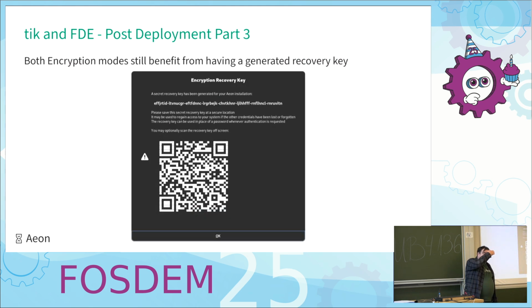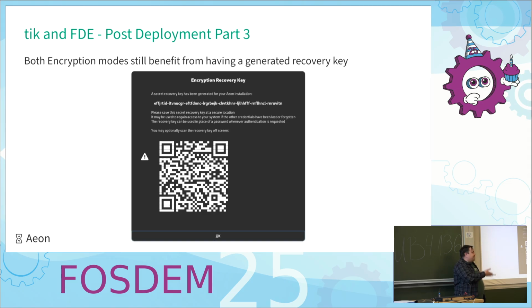I decided when I was doing this that in a TPM environment, if your TPM breaks or your measurements don't match up, you need to have a recovery key to get into the system and unlock it manually. And for fallback mode as well, I also figured users can be silly sometimes and forget their own password.